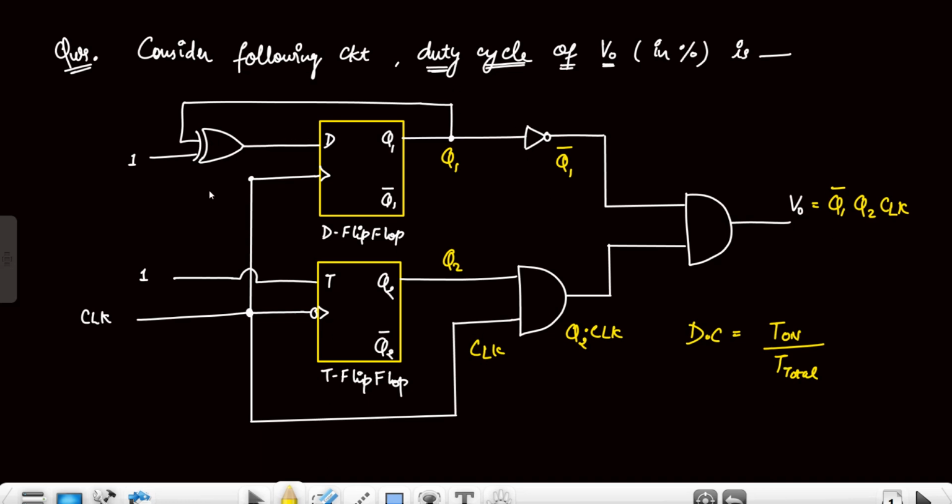Here this is the XOR gate, and Q1 is connected, so it is 1 XOR Q1. Now we have to focus on the next state equation. For a D flip flop, the next state equation is simply equal to D. Q1 plus is equal to D, and D is equal to 1 XOR with Q1.